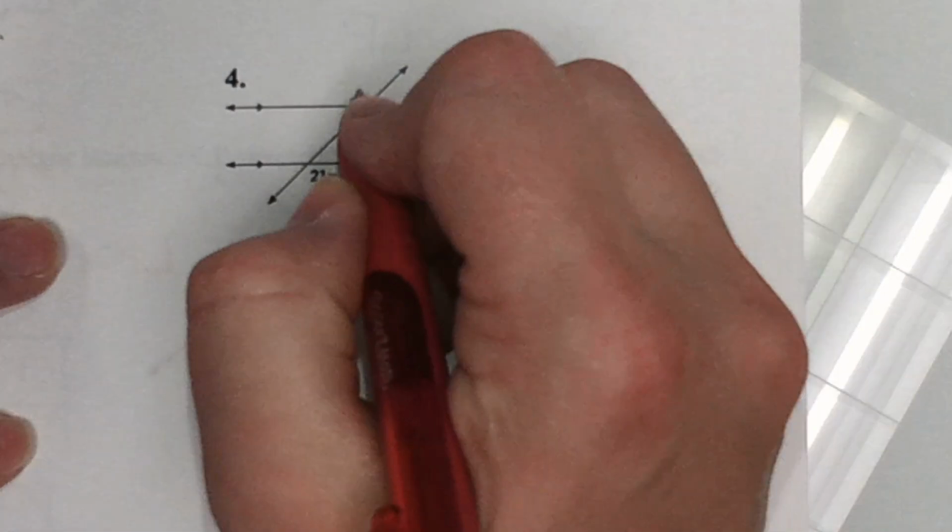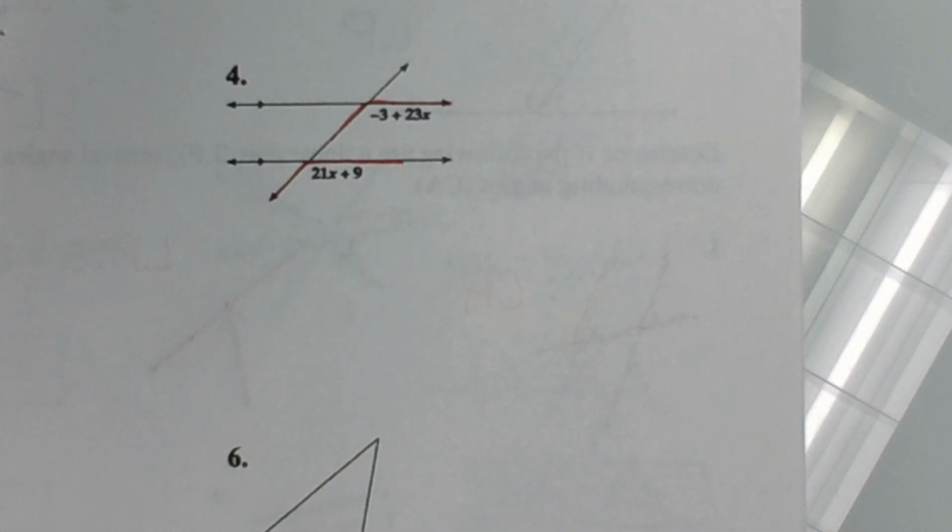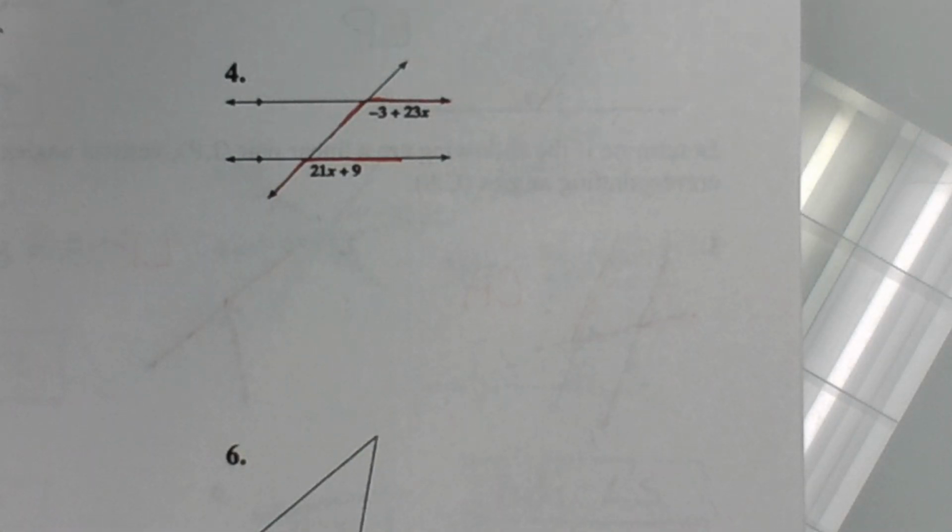Okay, back to where I was on 4. That angle and that angle. Lexi, any thoughts on what type of angle pair that could be? Okay, if we're not sure, let's go through the questions that we need to go through. First off, Lexi, do they share a vertex?